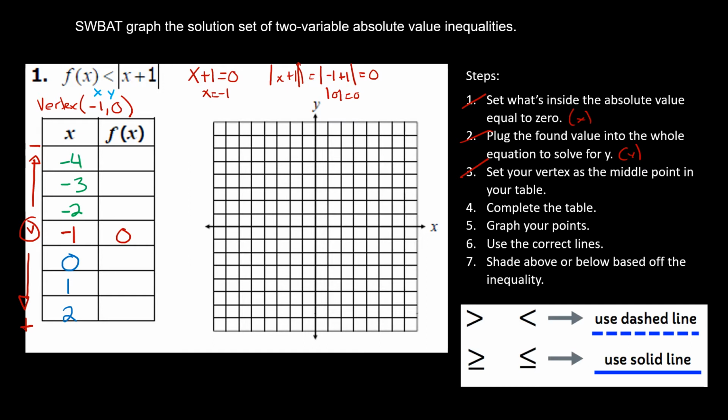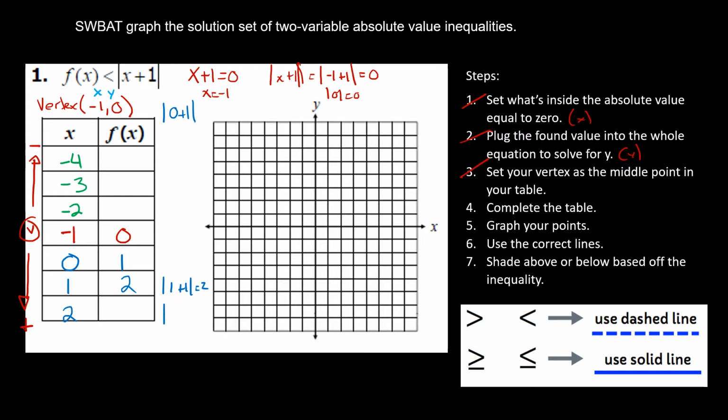Okay, and let's start solving. When I'm looking for the absolute value of 0 plus 1, I'm starting off with this 0 point as my x. 0 plus 1 is 1. The absolute value of 1 is 1. When I do the absolute value of 1 plus 1, that's 2.